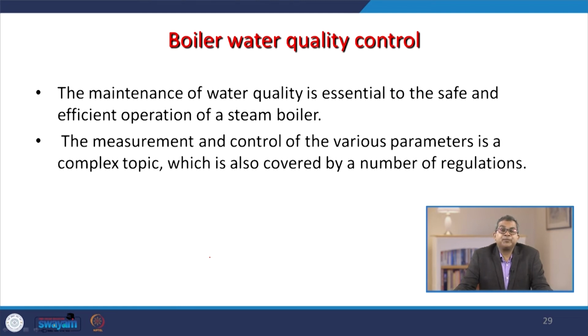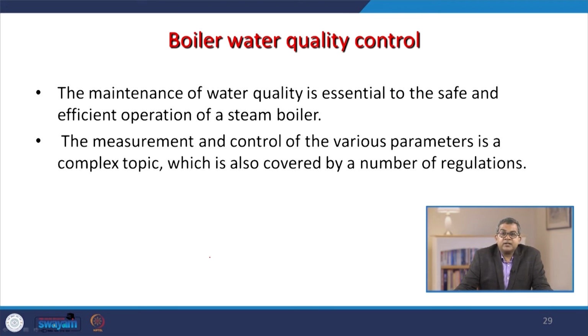The quality of the boiler water should be checked, because it is essential for the smooth functioning as well as the proper efficiency of the boiler. So, the maintenance of water quality is extremely essential for the safe and efficient operation of any steam boiler.